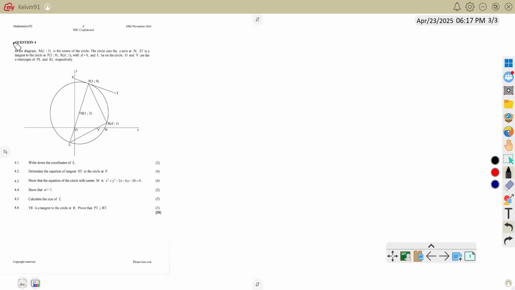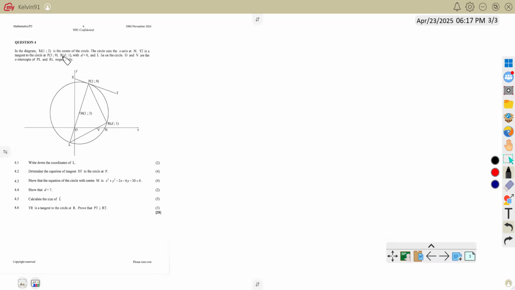Now we are on question number 4. You are given in the diagram, M is the center of the circle. The circle cuts the X-axis at N. ST is a tangent to the circle at P there.